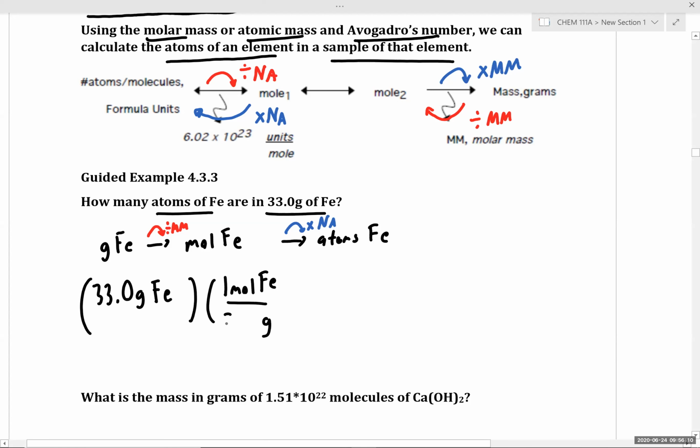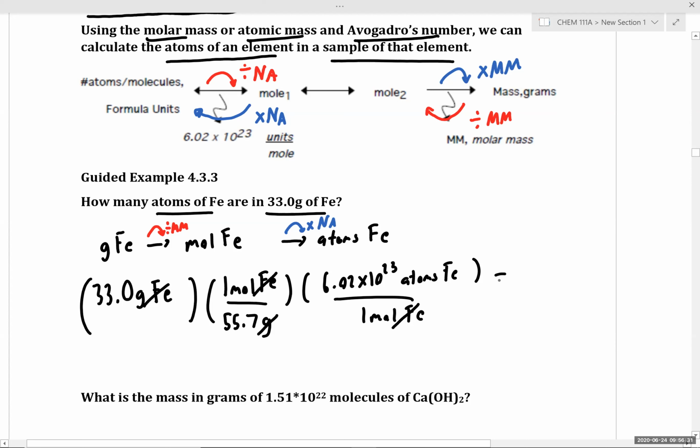Yeah, about 55.7. Yep, perfect. And then we know that there are 6.02 times 10 to the 23rd atoms of iron in 1 mole of iron. Grams cancel, moles cancel, and we're left with atoms of iron.